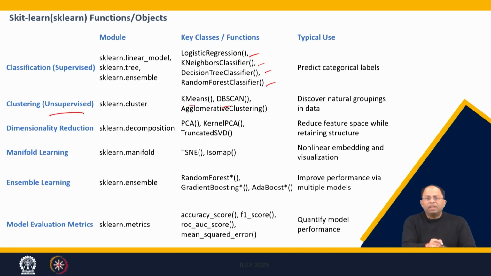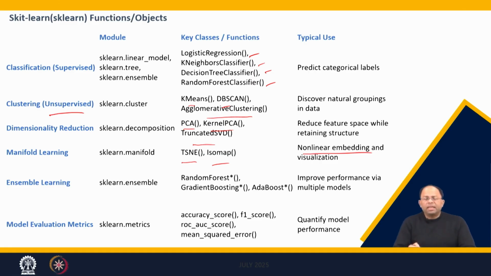These are unsupervised, of course, so we will learn that later. And then agglomerative clustering. For dimensionality reduction, we can go for PCA, kernel PCA, truncated SVD. Then for manifold learning, there is t-SNE and Isomap, for nonlinear embedding and visualization.